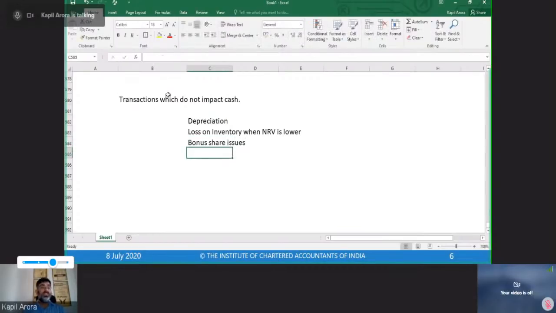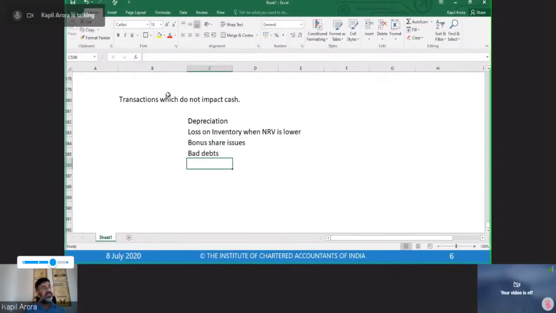Right? Bonus share issues. All these types of transactions which are not impacting cash. Bad debts, very good. Credit sales or purchases.